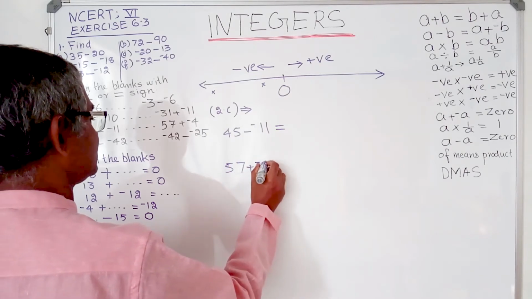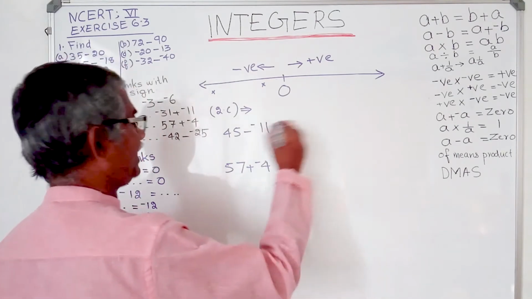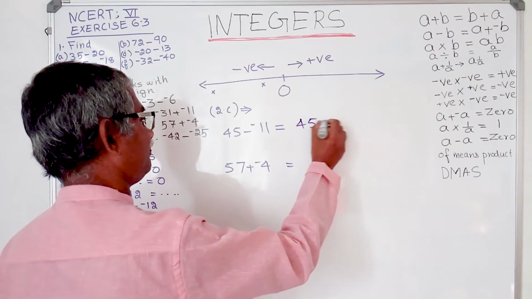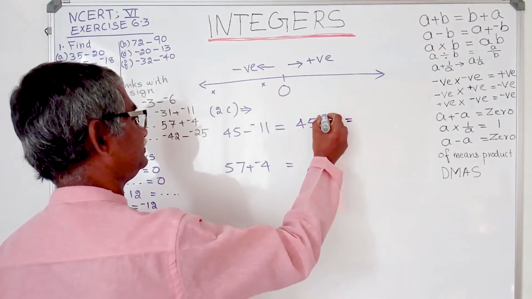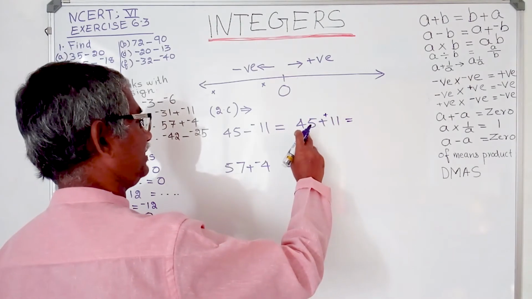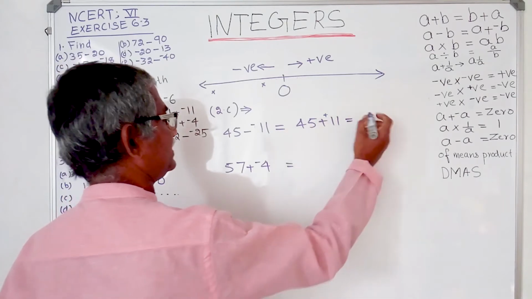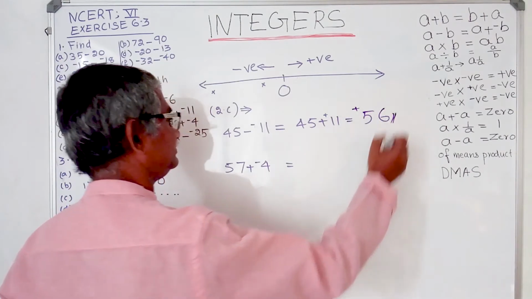57 plus negative 4. Subtraction: we are adding the additive inverse. 45 plus 11, which is simply equal to 45 plus 1 is 46, again 10, 56. Positive 56.